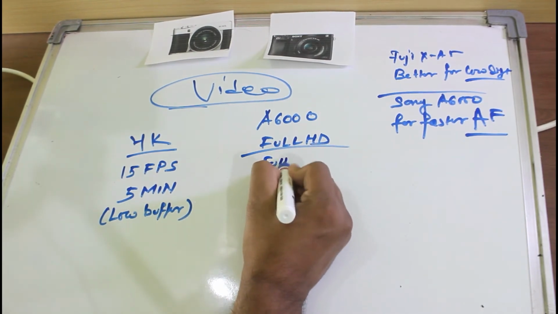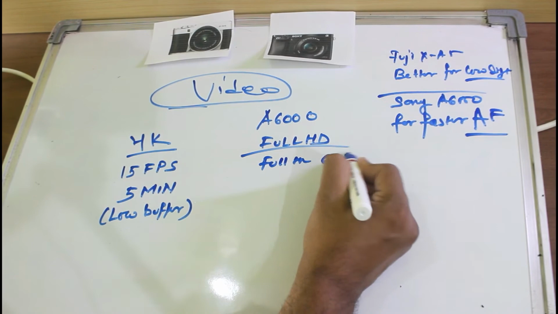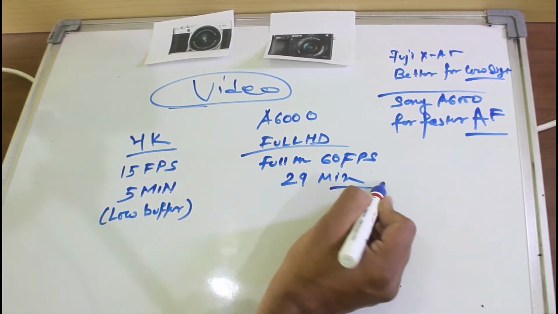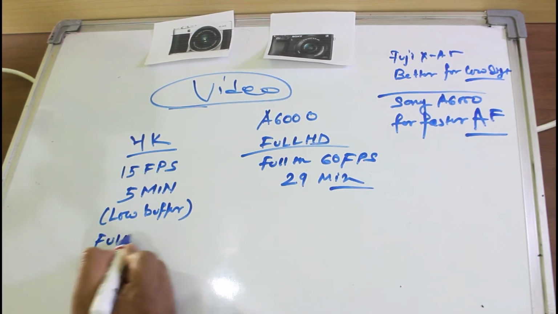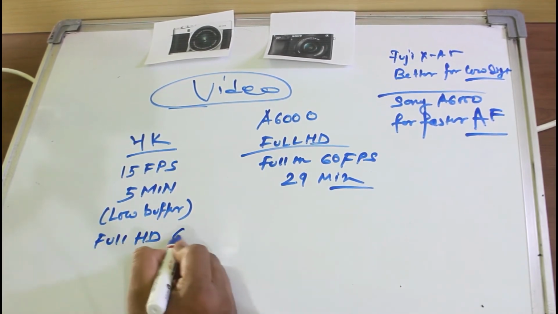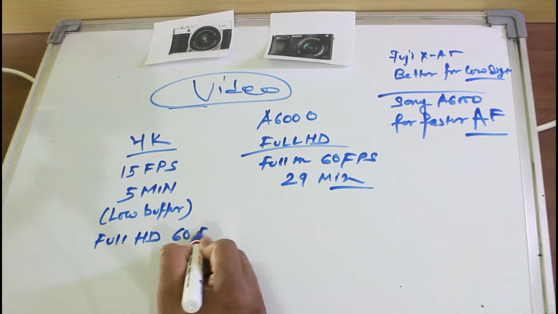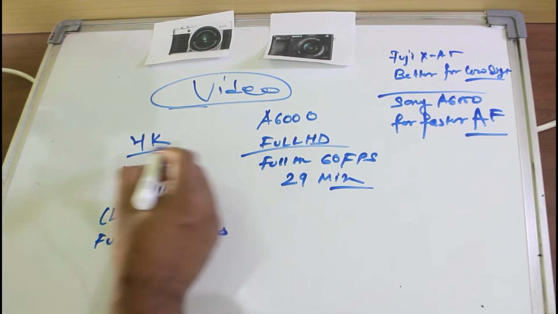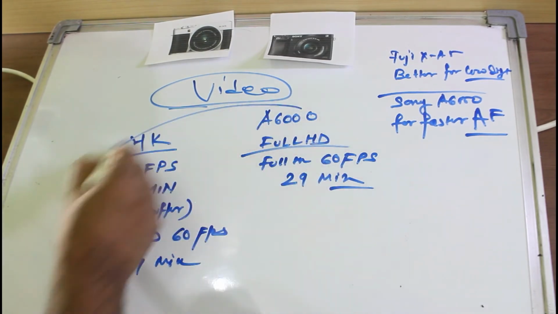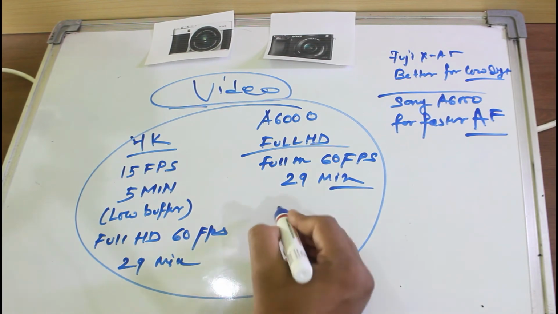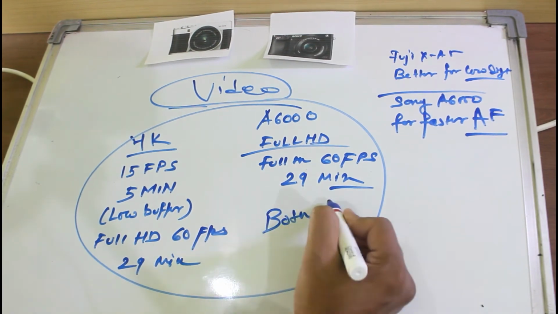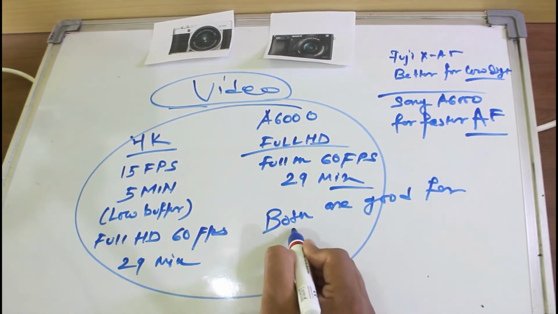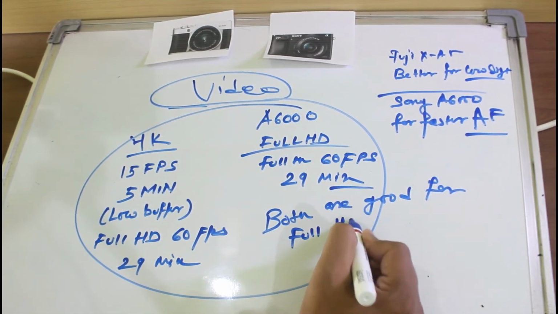That clearly indicates the camera is suffocated with the low buffer, and the A6000 on the other hand doesn't record 4K video, but it does record decent full HD video. Again, the A6000 camera is going to do better autofocusing performance in the video mode compared to the Fujifilm X-A5. One of the biggest reasons is that the Sony A6000 face detection autofocusing system is active anytime, and you can see the AF system can do autofocus even at 11 frames per second.